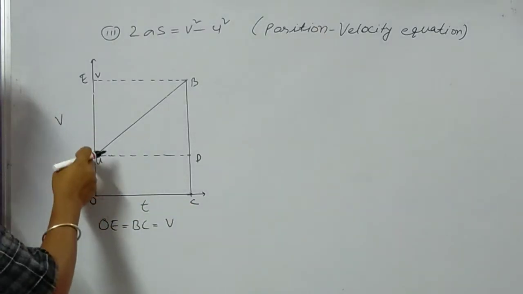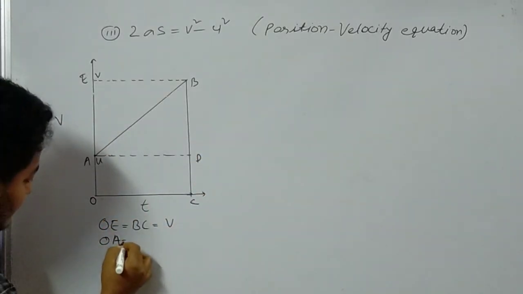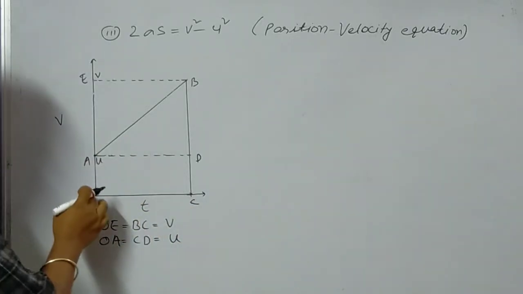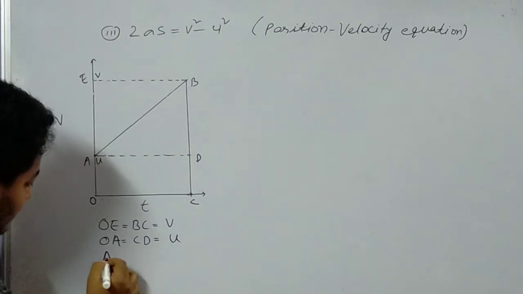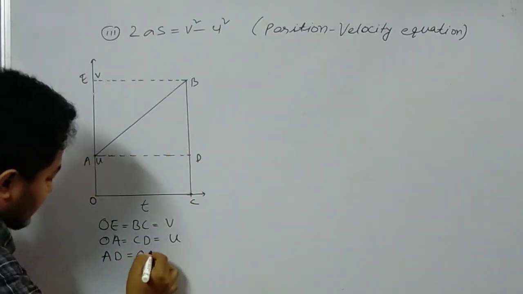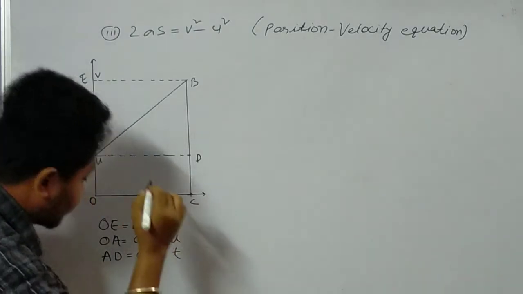Similarly, OA is equal to CD is equal to initial velocity. AD is equal to OC, and this OC is equal to time.